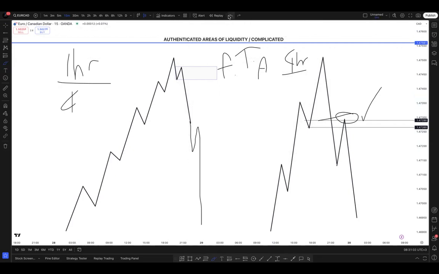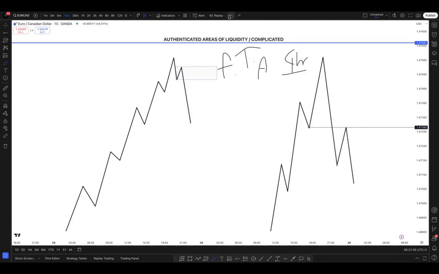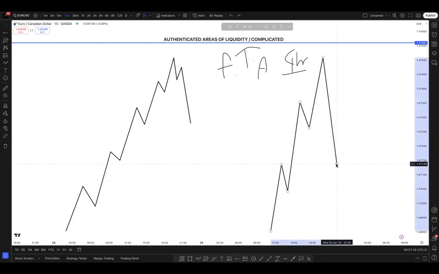So let me also give you an extra bonus. Now you're also going to find out that the FTA time frame can decide also to do this. Price can decide to do this.